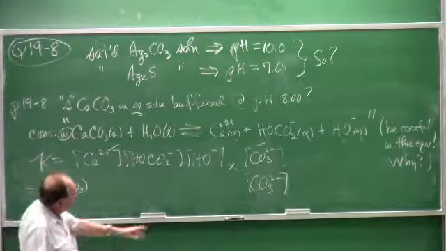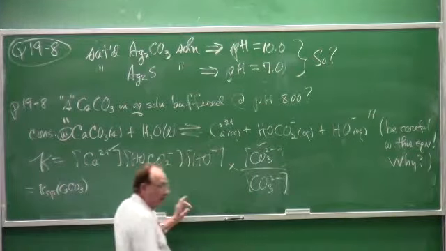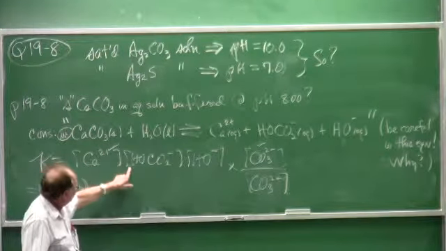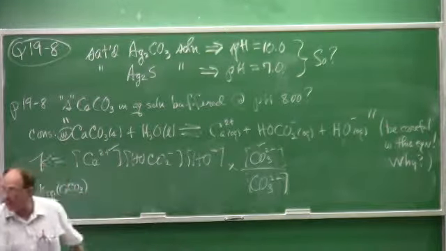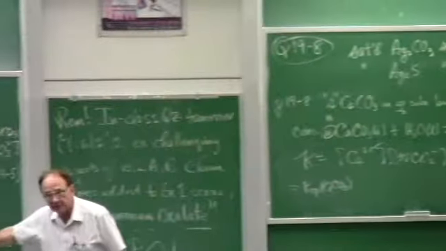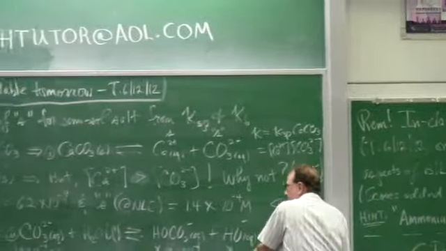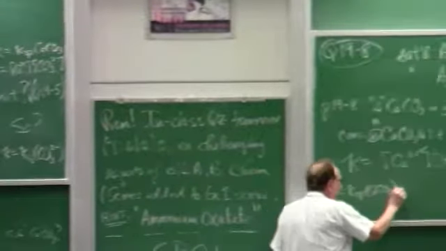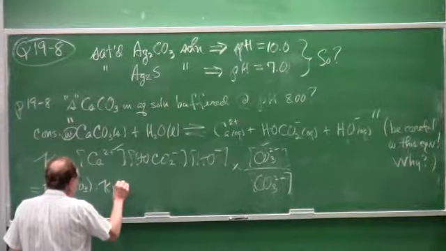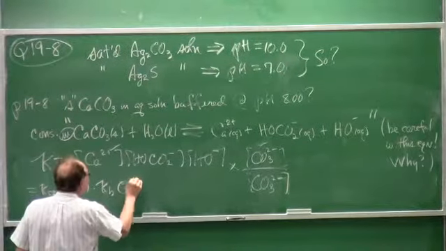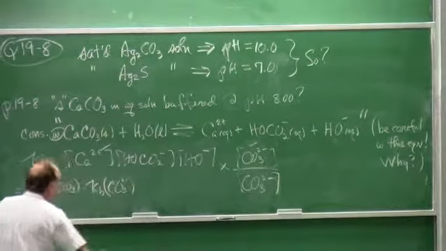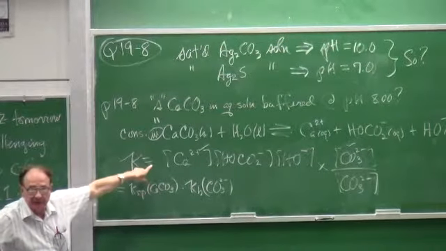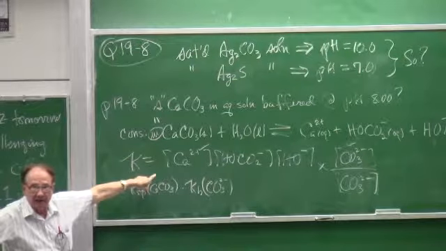And then I see carbonate molarity in the denominator, which means carbonate considered as a reactant, becoming bicarb and hydroxide ion as products. Isn't that this? Sure. That's this. Well, just as we said. This equilibrium reaction is a composite of KSP calcium carbonate and KB carbonate ion.